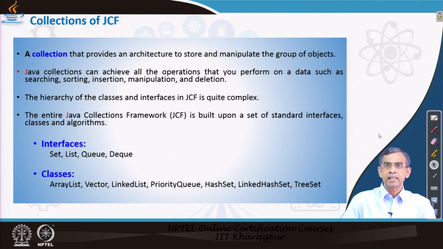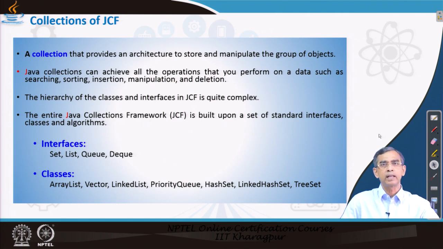Similarly, the classes which implement those interfaces give full life to the facilities. They cater to the needs of arrays, namely the ArrayList class, Vector, LinkedList, PriorityQueue, LinkedHashSet, TreeSet and so many others.